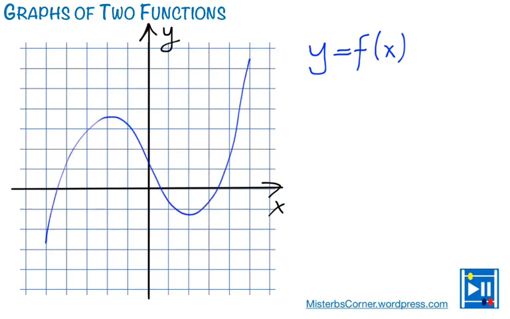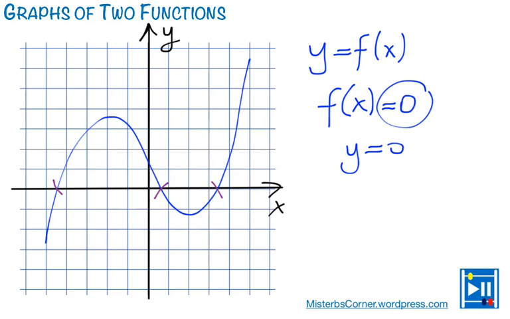If we were to have f of x equals 0, we can just find out where the graph cuts the x-axis, because we are just saying that here y is 0. Y is 0 means the x-axis. So we're just trying to find where the graph cuts the x-axis when we say y is 0.